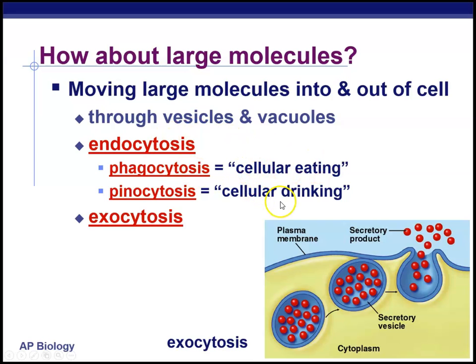Both of those are endocytosis. And then we can also get rid of things. That's called exocytosis. Exo means exit, or to remove from the cell. Think about a one-celled creature like an amoeba. When an amoeba eats, it has to do phagocytosis. It has to surround food particles and bring them into itself. Or get rid of waste.